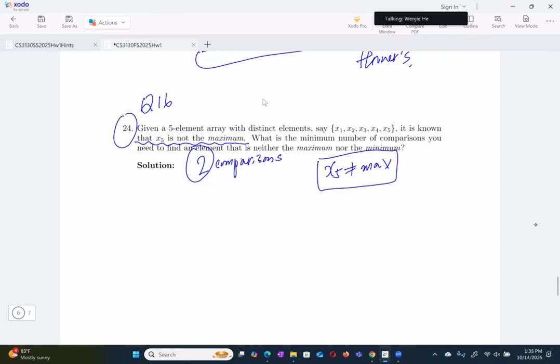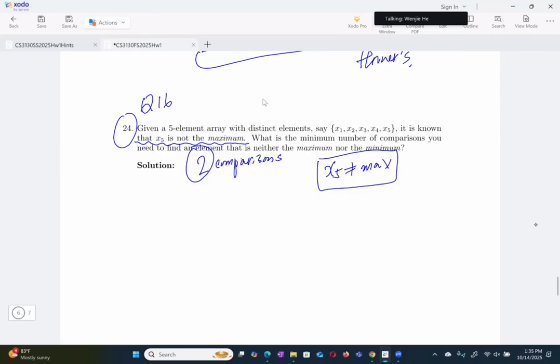The more information we have, the better we can do, because if you have more relevant information, then you can do better. That's the natural understanding. So better than 3 comparisons, then we target 2 comparisons.